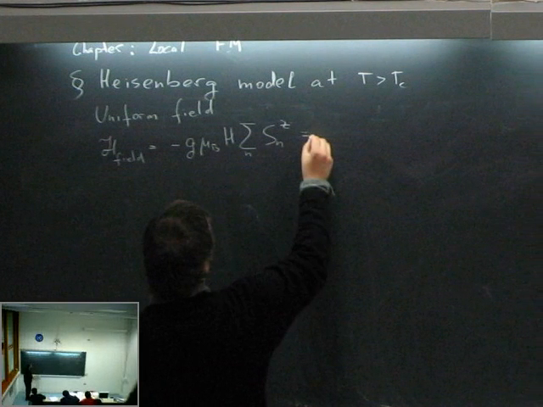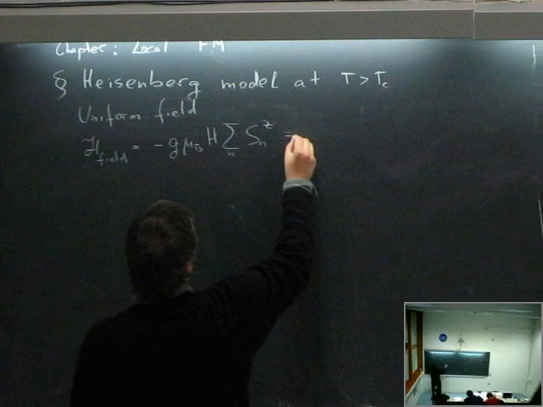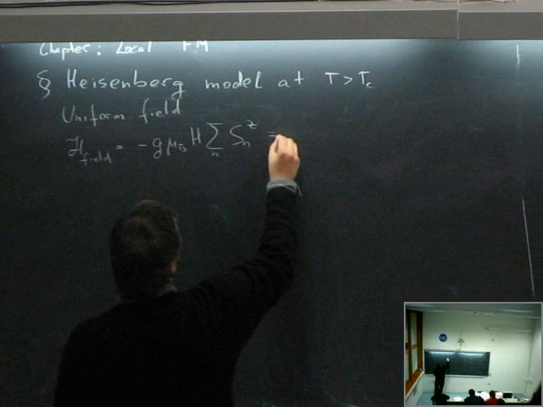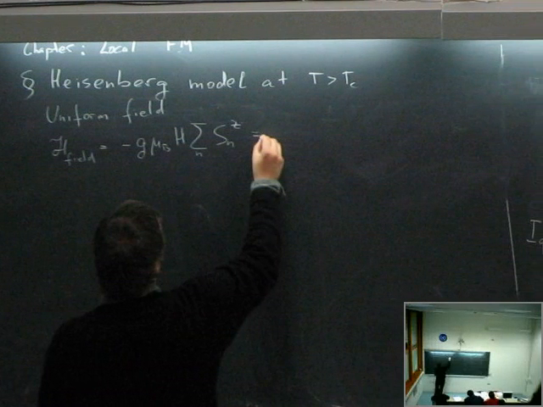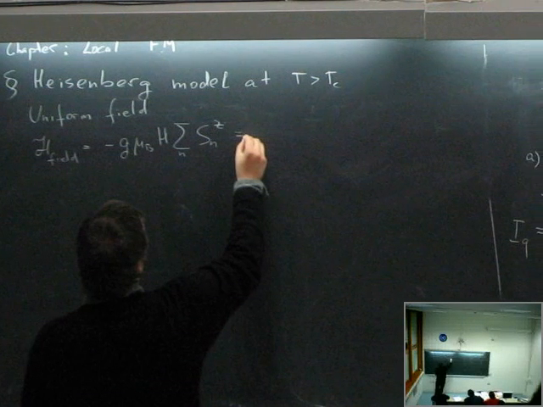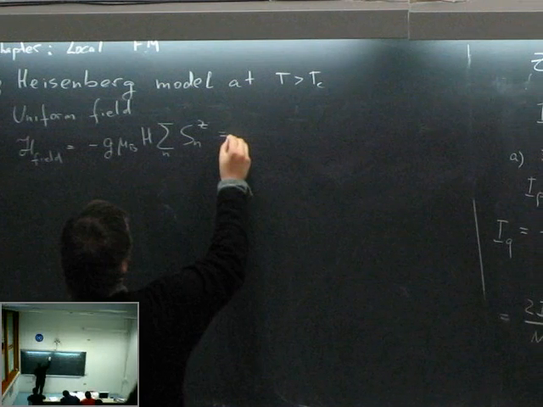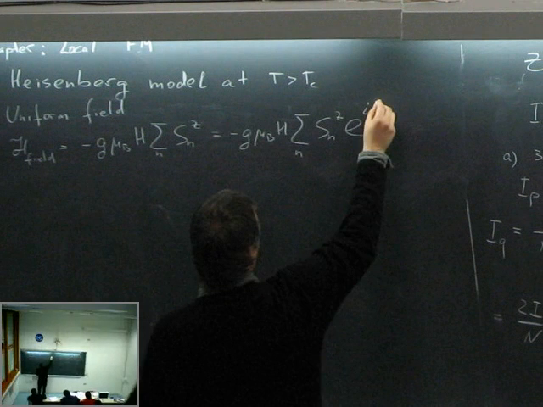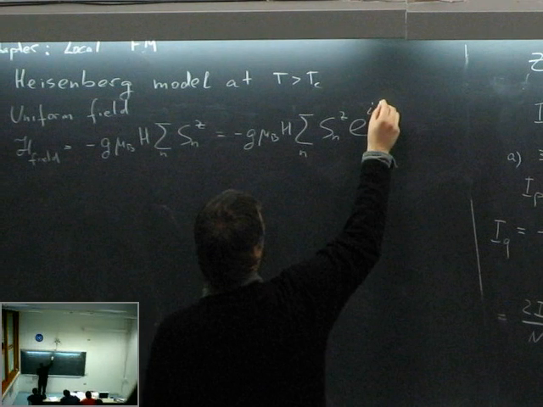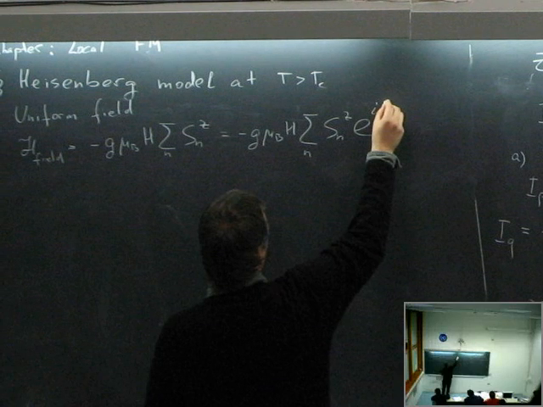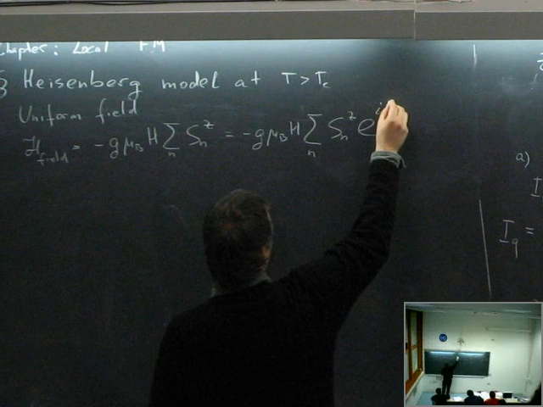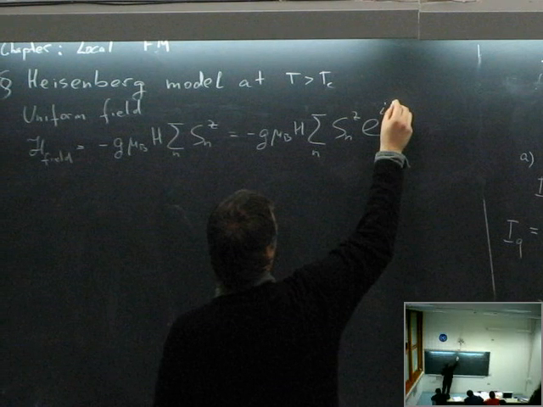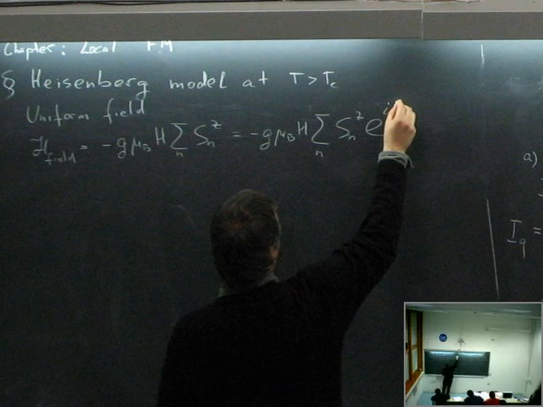This is the same as minus g mu_B H sum over n S_n^z e to the power i 0 times Q times R_n.